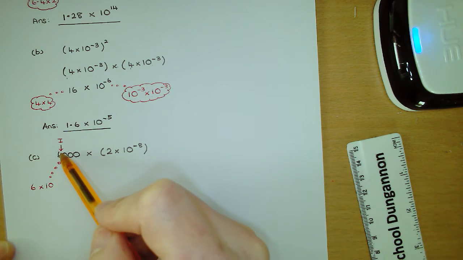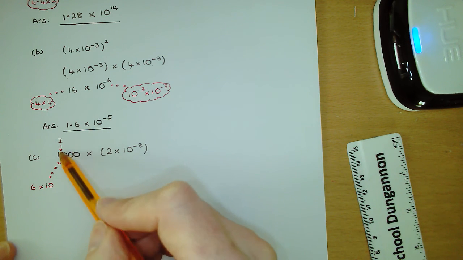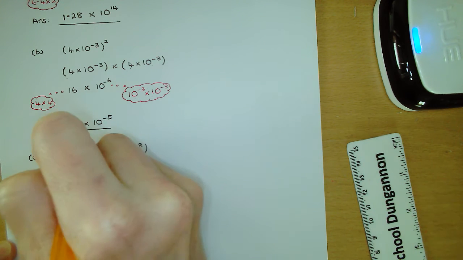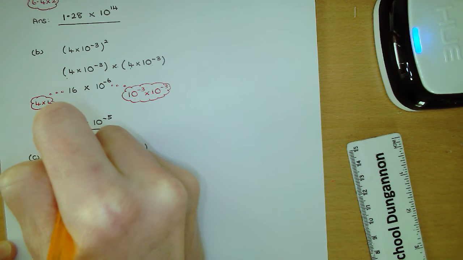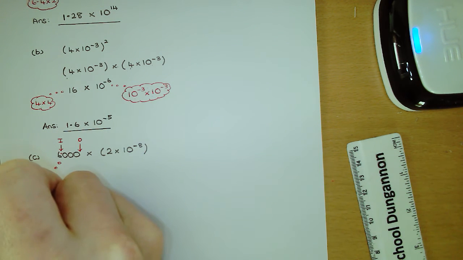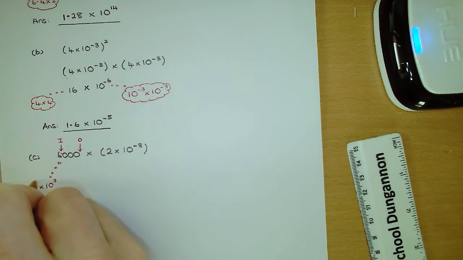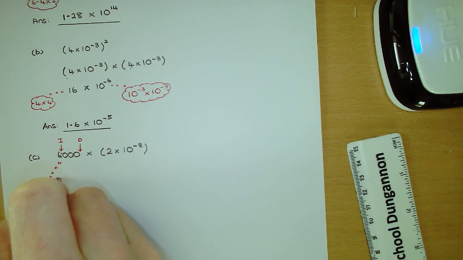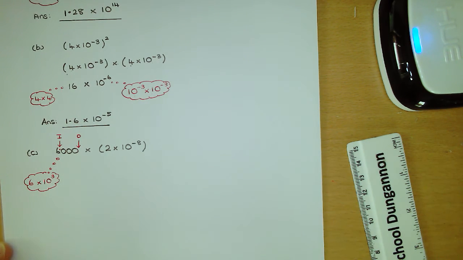Now the power of 10 is the number of places you have to move the inserted decimal point to get to the original one. So we're going to have to move it 1, 2, 3 places to the right. So the power of 10 is 3 or positive 3. So we have to do that first.